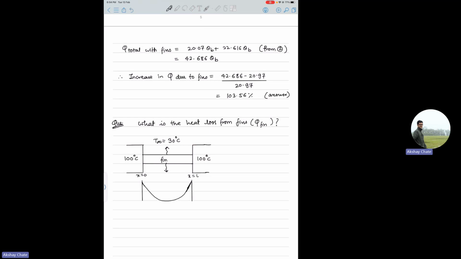So it will be a symmetric temperature distribution along the fin, otherwise it will not satisfy the boundary condition. Don't go with my geometry drawing.